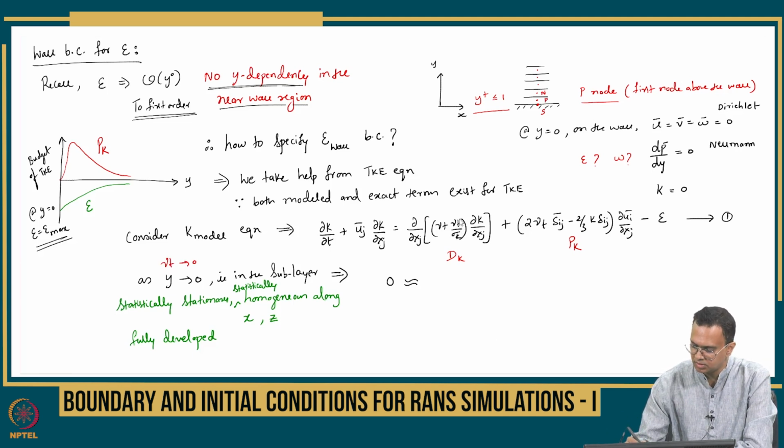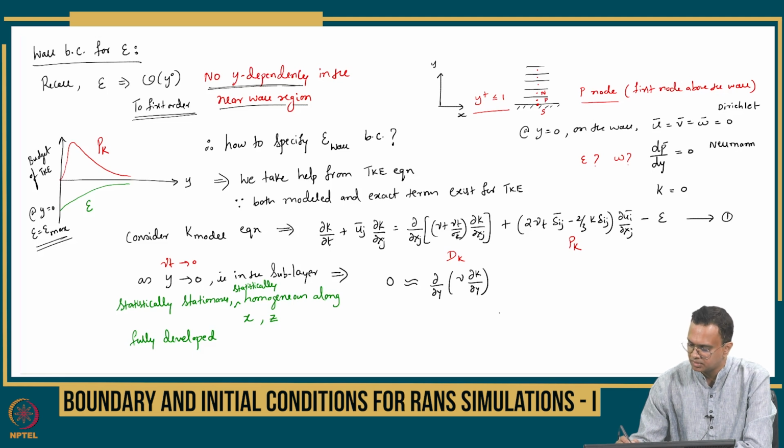So that means to first order, this turbulent diffusion term is removed, nu t by sigma k dou k by dou xj. I will essentially have dou by dou x1, dou by dou x3 are also gone because of the homogeneity, only dou by dou x2 term which is dou by dou y, right. So I will get dou by dou y of nu dou k by dou y. This term exists. The viscous diffusion rate will be dominant in the linear sublayer and a little bit above that zone.